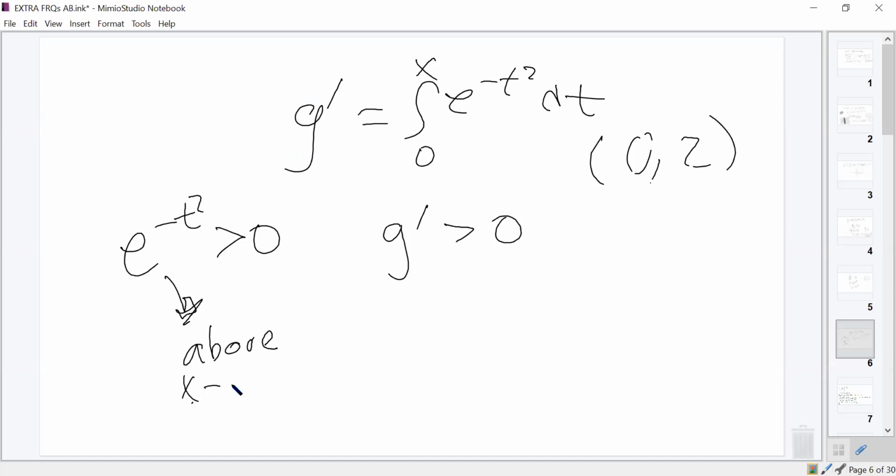So no matter what value, this is above the x-axis, or technically above the t-axis, but that's fine. So if the derivative represents the area under the curve of e to the negative t squared, and e to the negative t squared is always above the x-axis, that area will always be positive.